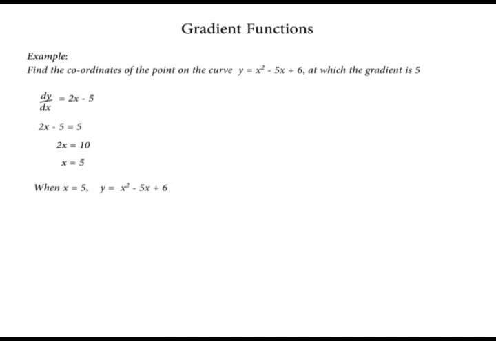So we shall have y is equal to 5 squared minus 5 times 5 plus 6. y is equal to 25 minus 25 plus 6, and y is equal to 6. So the coordinate of that point will be 5, 6. x is 5 and y is 6.